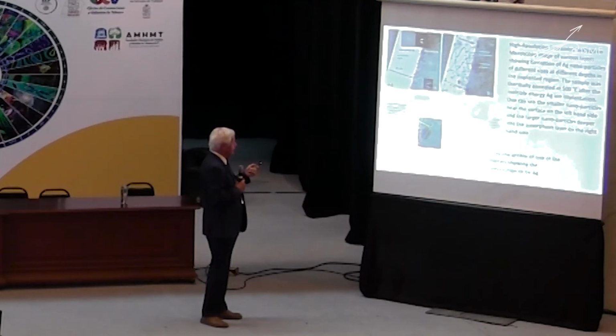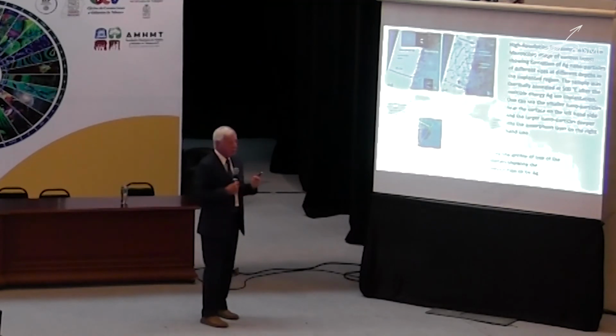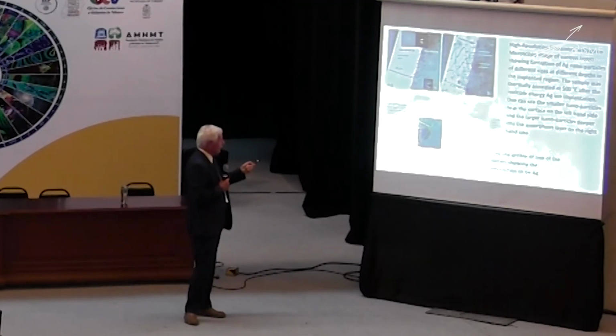Now, what you can see here is the amorphous material, and then after the implantation, it's annealed at 500 degrees C. And what you can see in this picture is this curve here, which looks like the amorphous material. It was implanted halfway through this 80 nanometer amorphous silicon layer on the surface. So most of them piled up right here in the middle.